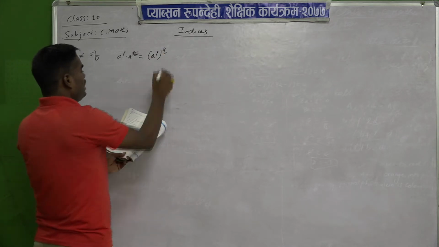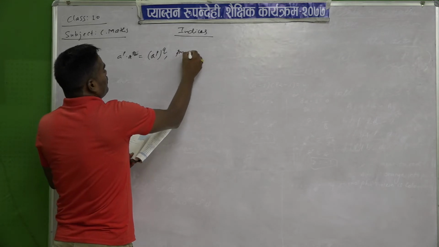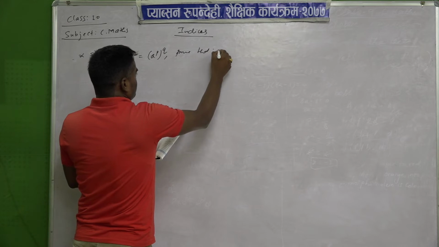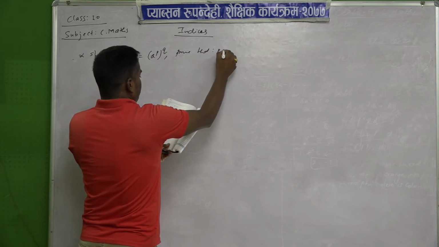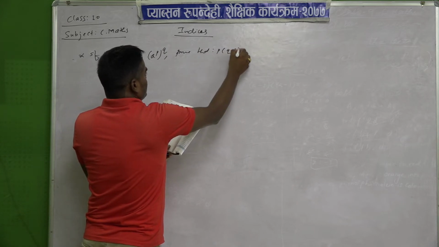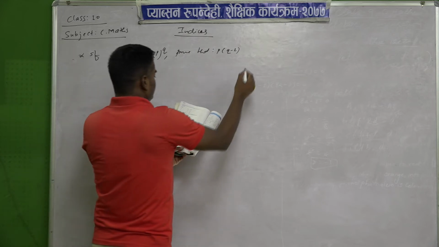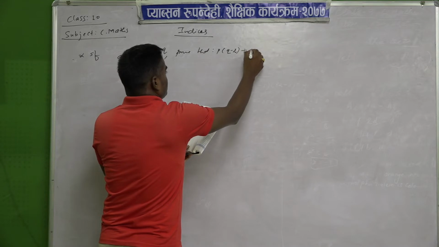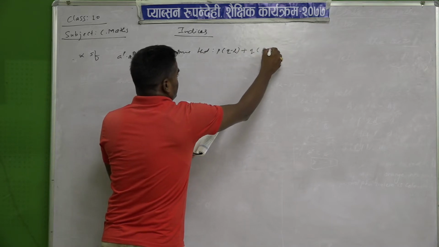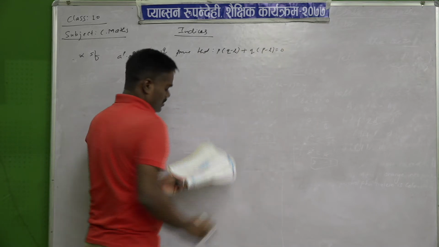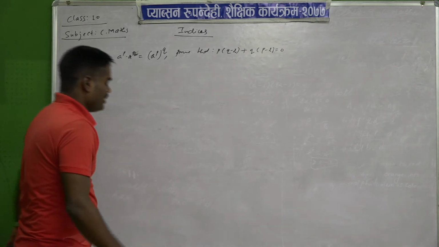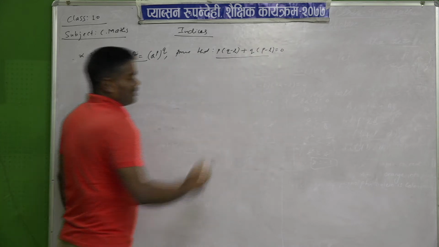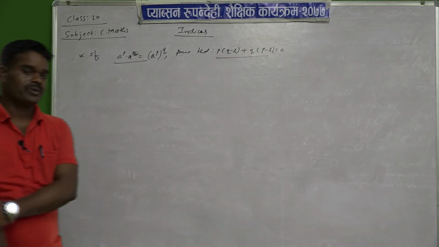This condition is given, and what we have to prove here: prove that p(q minus 2) plus q(p minus 2) equals how much? 0. So with the help of this condition we have to prove this equals 0.